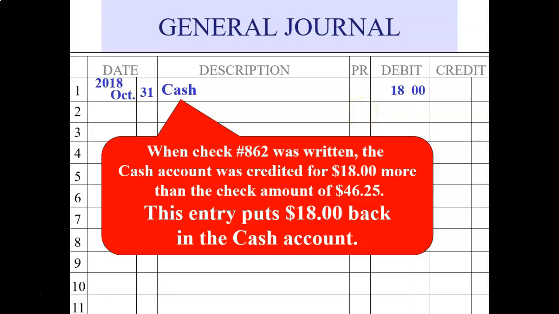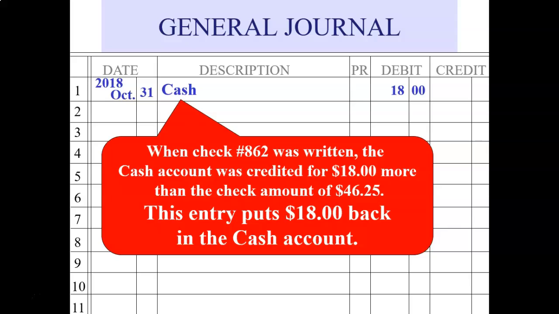Well, whenever you have an error, you need to go back to the original journal entry. So when we originally wrote that check for the $46.25, that we accidentally put in as $64.25, we originally wrote that to the telephone company, and it was to telephone expense. So we have to now credit telephone expense.